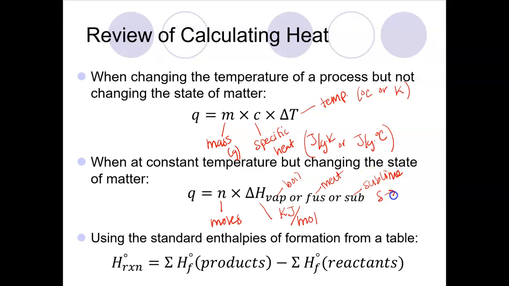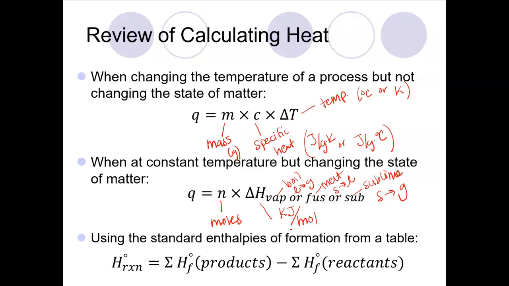Just a reminder, sublime is solid to gas, melting is solid to liquid, and boiling is liquid to gas, in terms of states of matter. All we're really doing with this equation is taking the value delta H in kilojoules per mole times moles to get our answer in kilojoules. It's really just canceling out the unit moles.